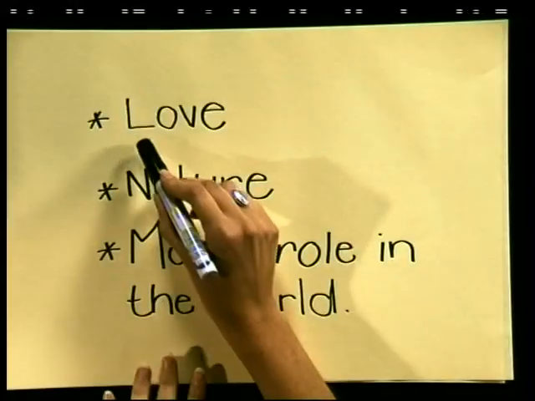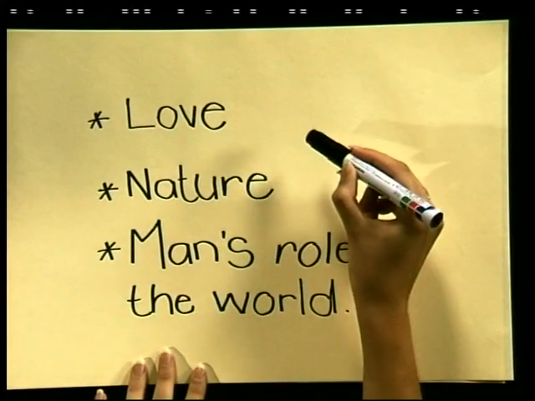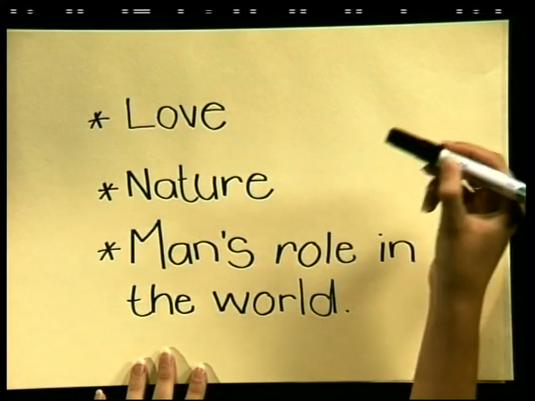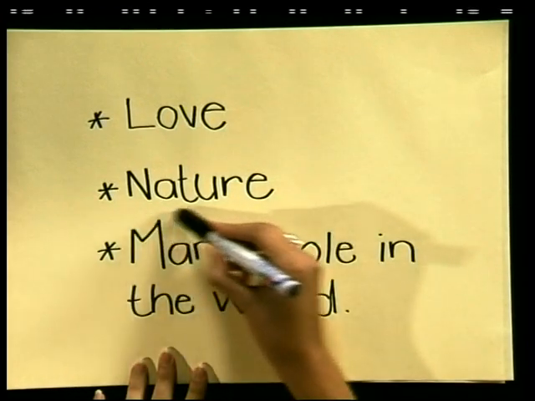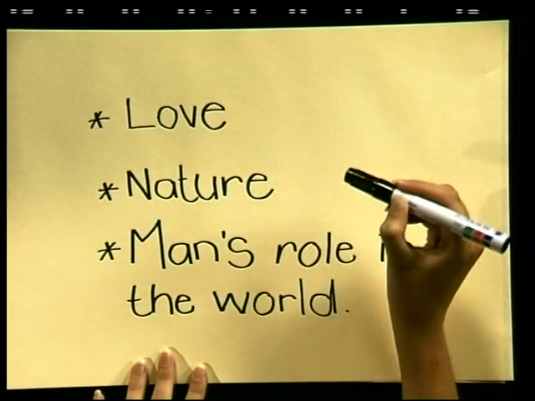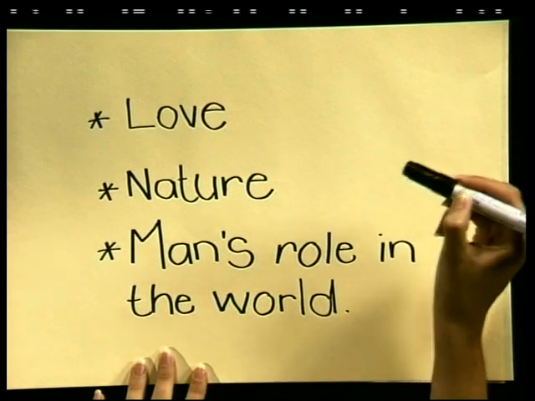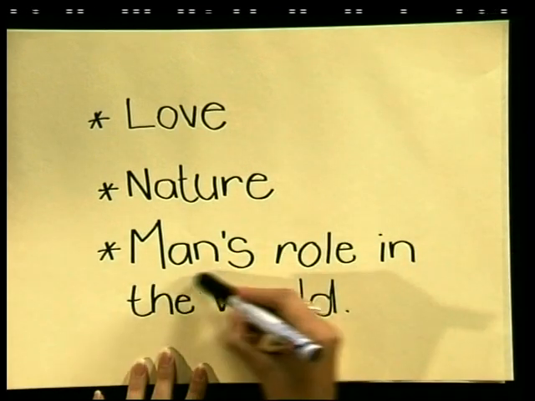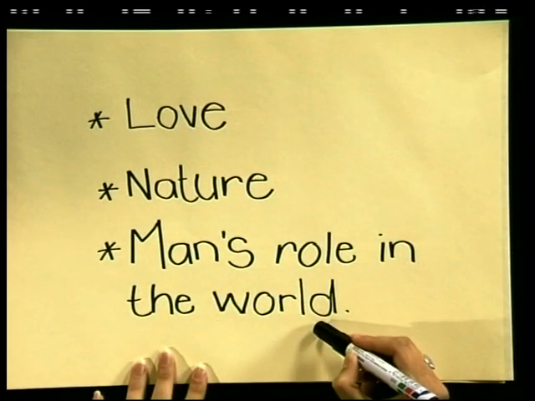Remember that during the Renaissance, people became aware of the beauty of life around them. So many sonnets are based on the following topics: love, especially an exploration of the different types of love; nature, with special emphasis on man versus nature, and man's role in the world.